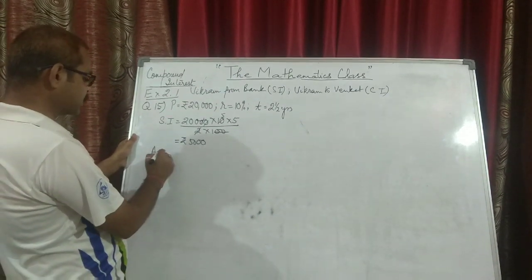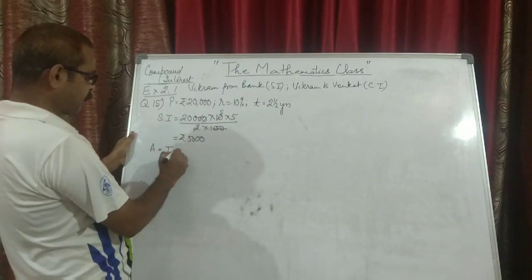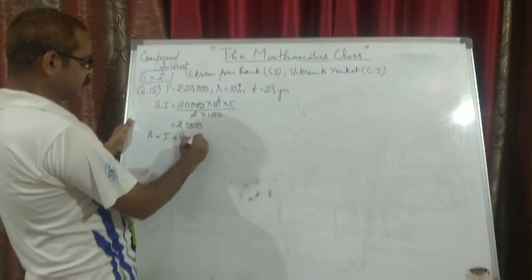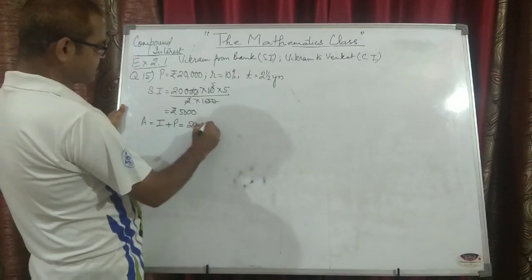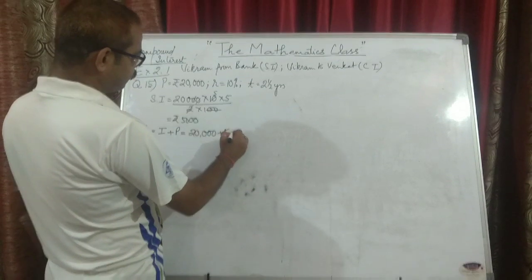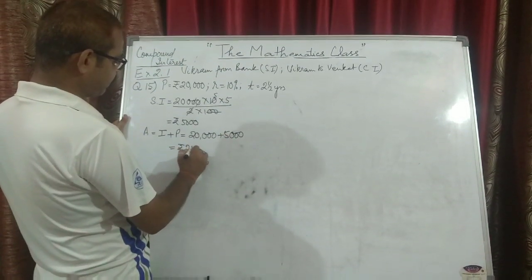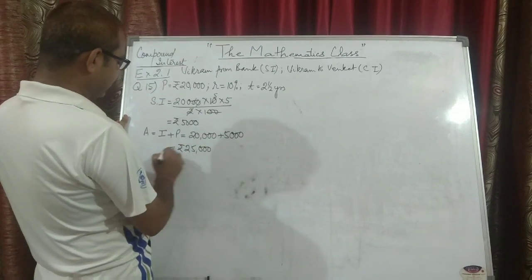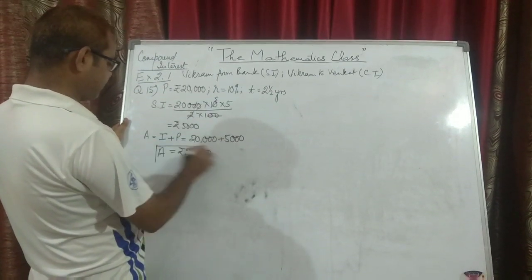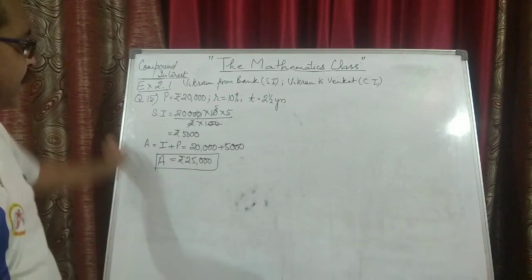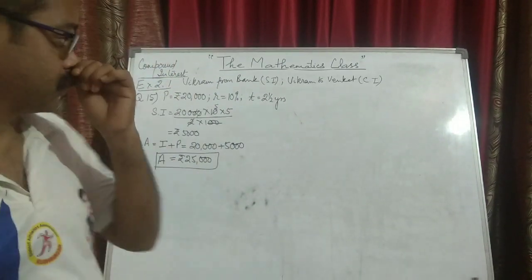So the amount is interest plus principal, that is 20,000 plus 5,000. It becomes rupees 25,000. It means that Vikram has to pay the bank 25,000 rupees.